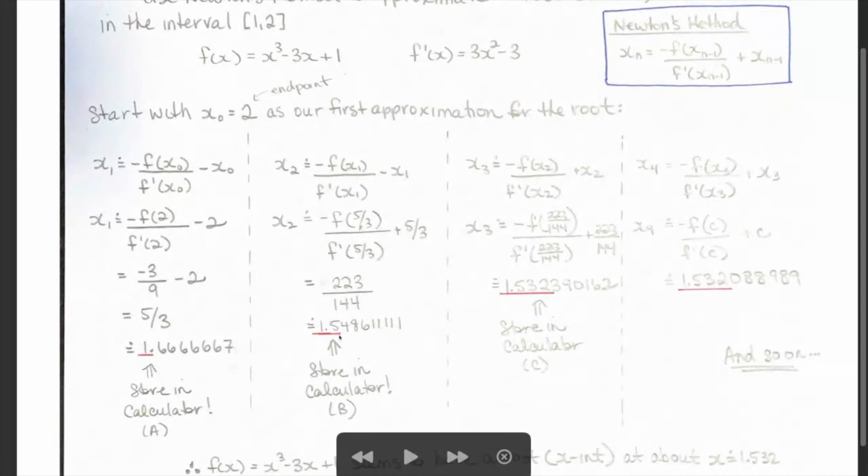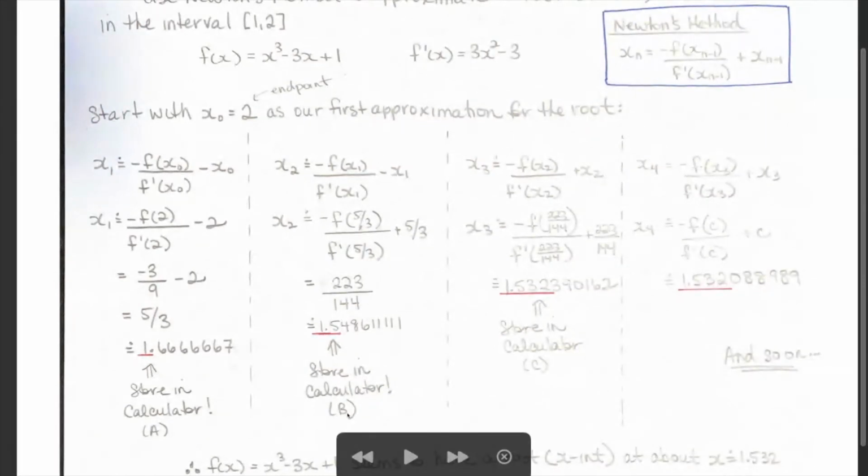So I know I'm on the right track because when I look here, I have 1 point something here and 1 point something here. So I can be pretty sure that my root is going to be 1 point something. But I want to get a little bit closer. So let's see if I can get this to be even more accurate. I'm going to take this value and store it into my calculator using the store feature.